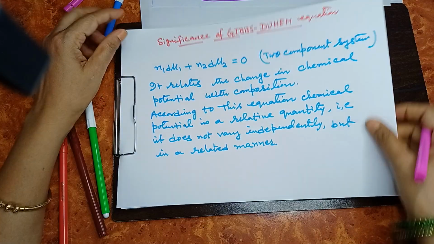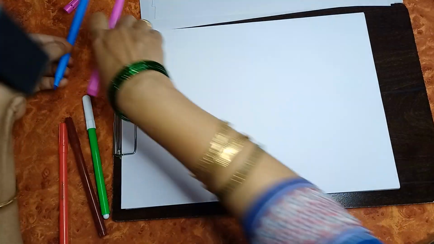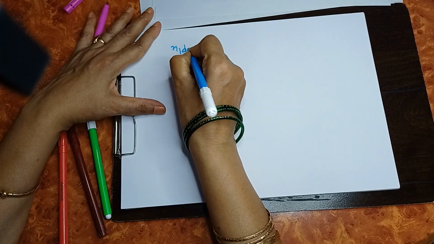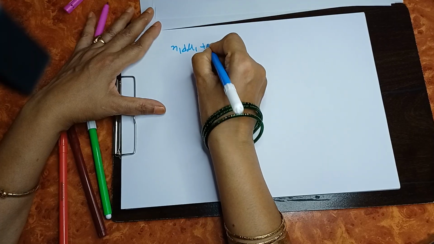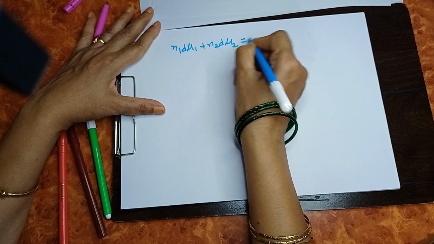Once again, write down this equation: n1 d mu 1 plus n2 d mu 2 is equal to 0.